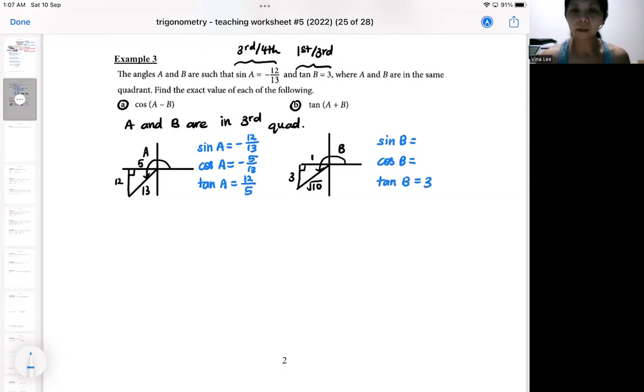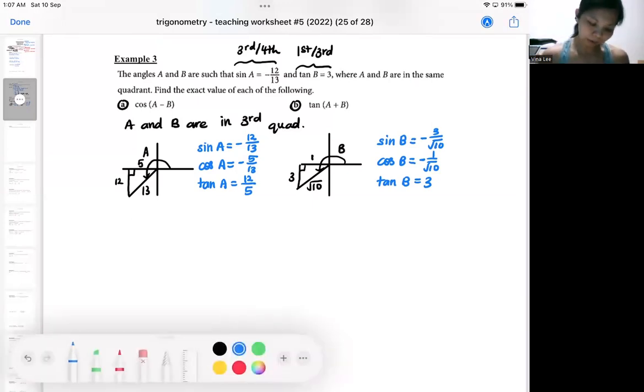Cosine will be negative because it's third quadrant, so this will be minus 1 over root 10. Sine will be minus 3 over root 10. All these are the parts that earn you method marks. After you have all this, then you start to answer the question.